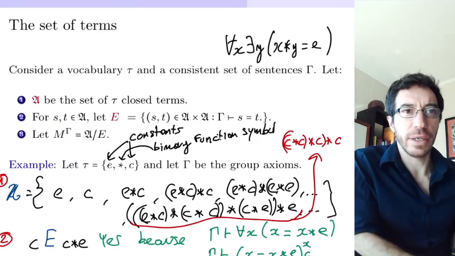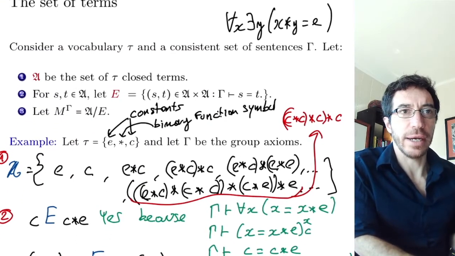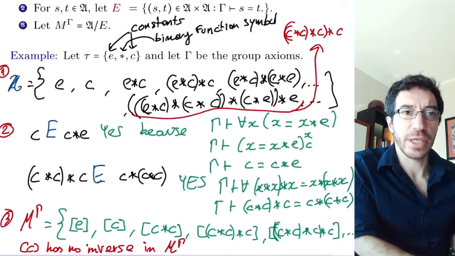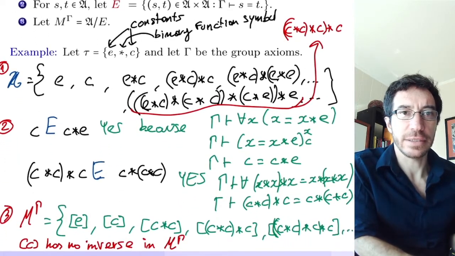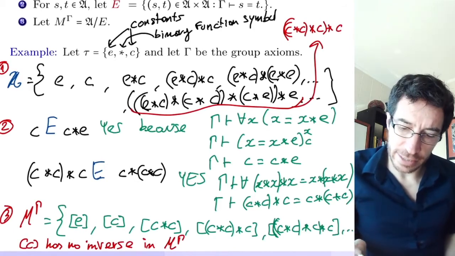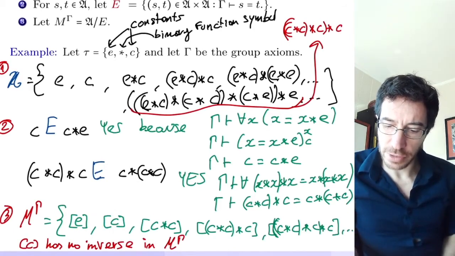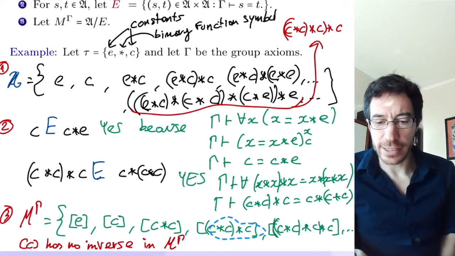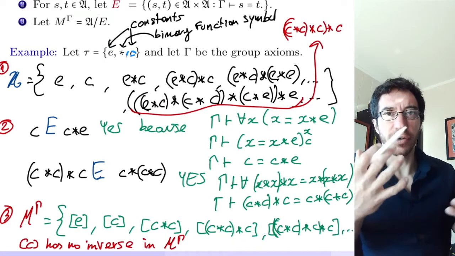If you remember, when we saw this example last week, all the terms that we get built out of e's and c's are essentially e alone, and then all the powers of c: c star c, c star c star c, and so on, because e is the identity and c is the only constant you have.